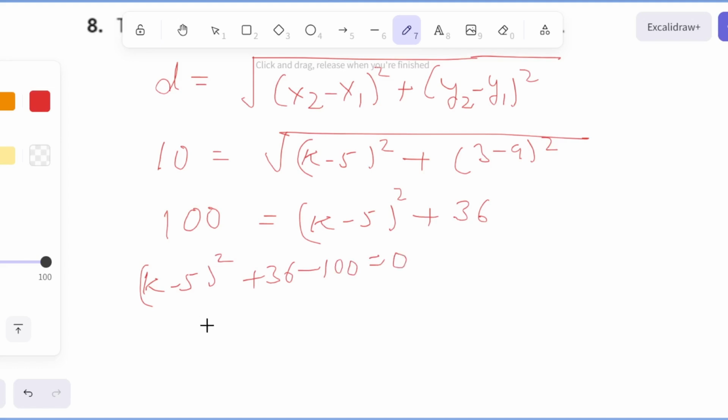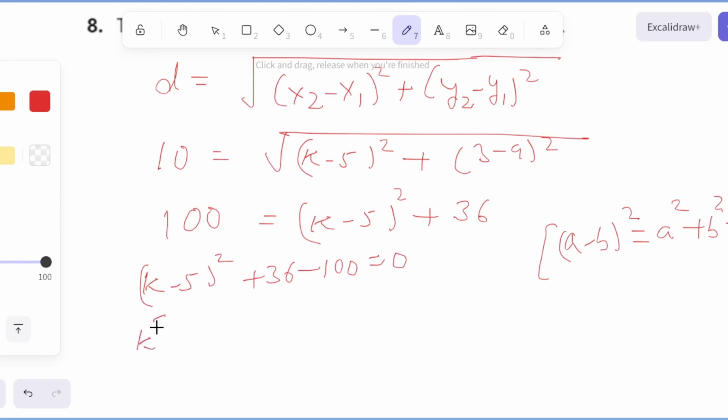So for (k − 5)², you can use the identity (a − b)² = a² + b² + 2ab, but since it's a minus, it's −2ab. Same as over here, I'm going to use a as k and b as 5.